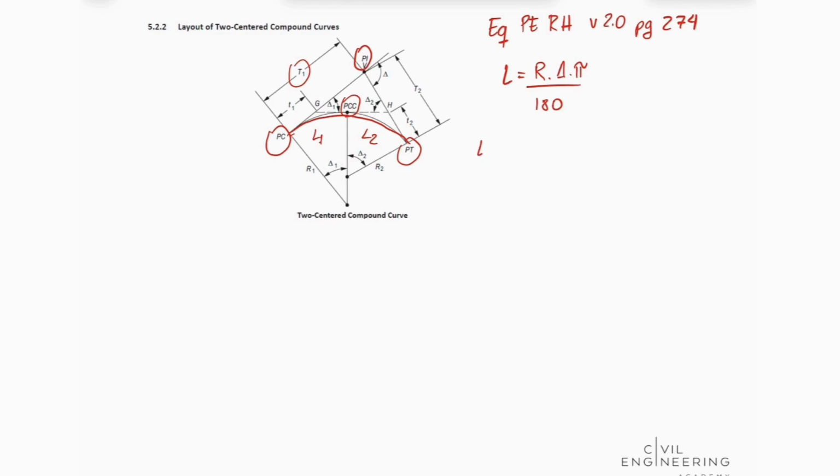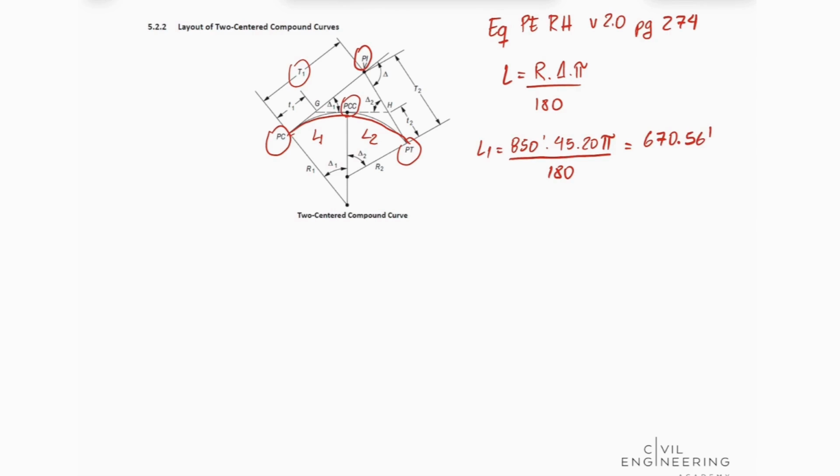For L1, L1 will be 850 feet times 45.20 degrees times pi divided by 180, and this will give us 670.56 feet.